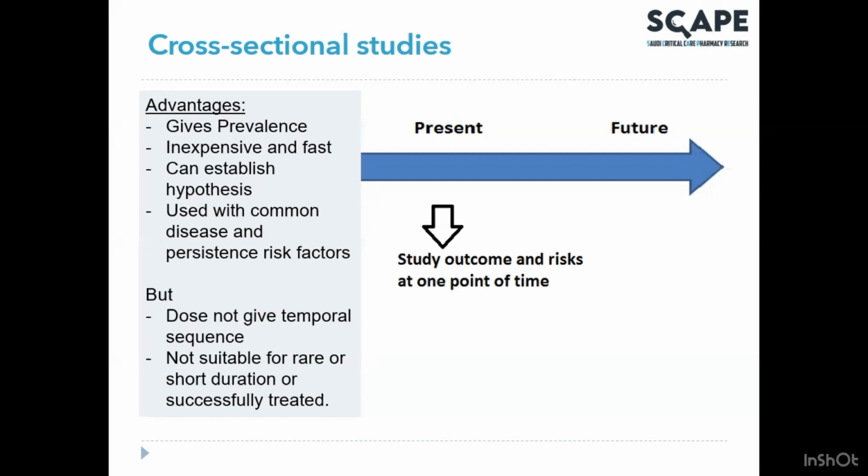Now, nothing is fast in research, but compared to cohort studies and other kinds of RCTs, cross-sectional is considered to be inexpensive and fast. It can establish the hypothesis if there is a relationship between the outcome and risk. We can use it with a common disease and persistent risk factors.